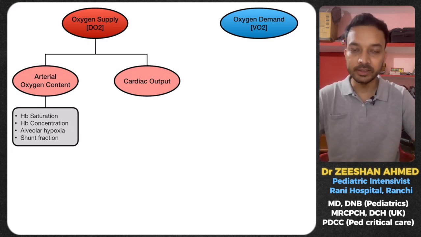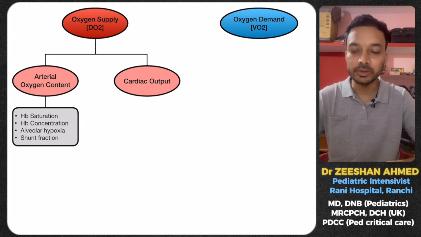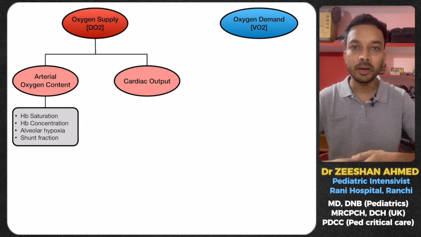And next is the hemoglobin saturation. If the available hemoglobin is not saturated enough by oxygen, then it will lead to lesser delivery of oxygen to the tissues. The other conditions are alveolar hypoxia and shunt fraction, which can occur due to any lung conditions like pneumonia, ARDS, empyema, etc.